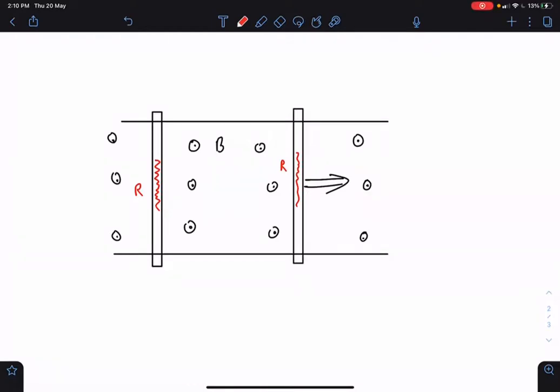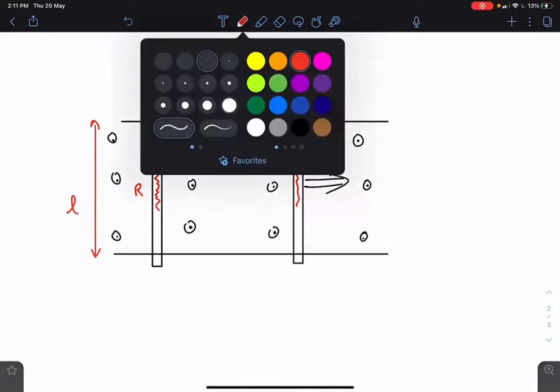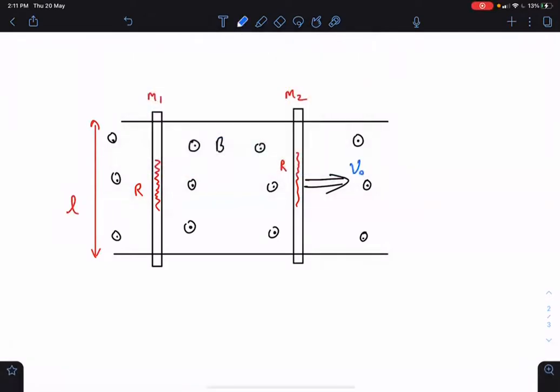This rod has mass M1, this rod has mass M2, and the magnetic field is out of the plane. The distance between the two rails is L. The M2 rod is given a velocity V naught. After that, we have to analyze what is happening. Once we understand it, we can find different quantities as a function of time, or at a steady state, if a steady state is reachable.